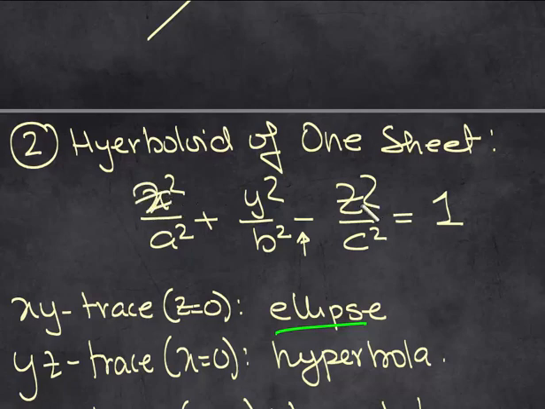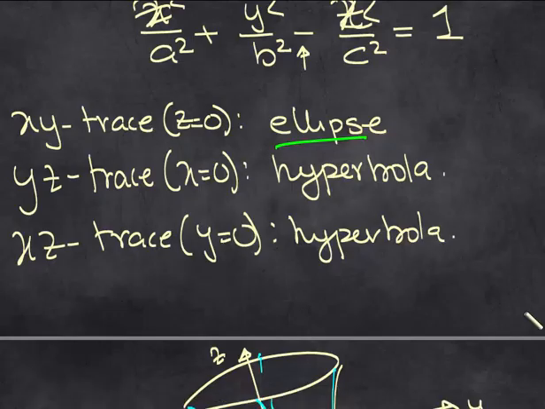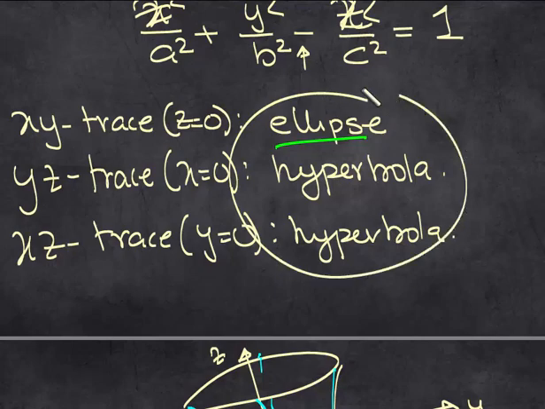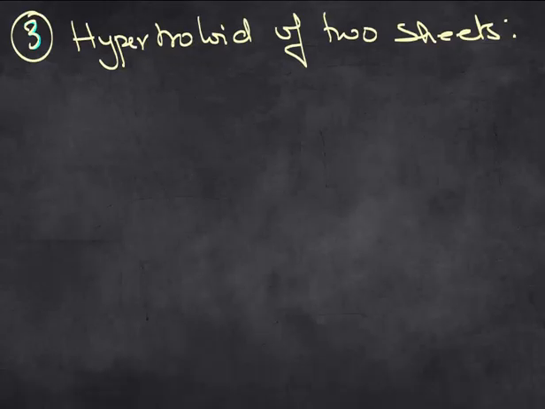I could have put z out here and x out here, so all the traces would change. Do you guys understand that? Everybody follow? And that's what will happen. So that's why I need you to tell me what the traces are. Because depending upon how the equation is presented, how the variables are up here, your traces are all going to be in different directions. Okay? So that's why it's important to look at the traces more than anything.